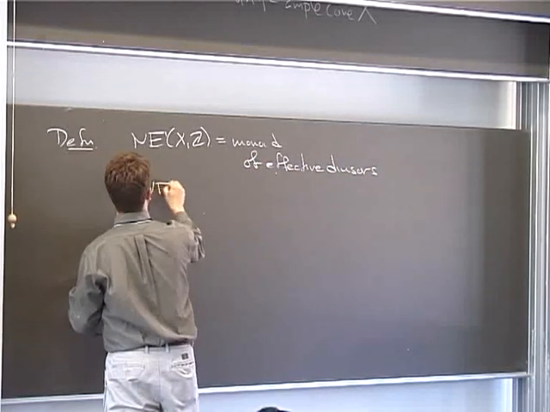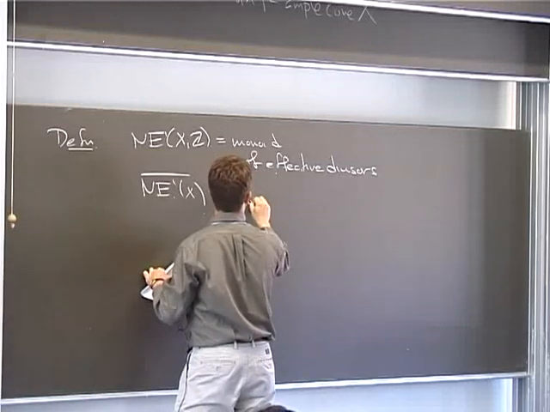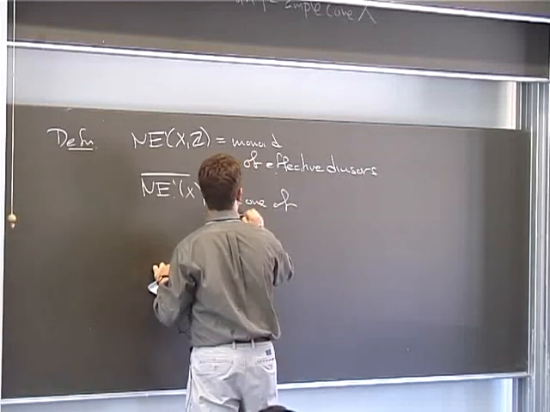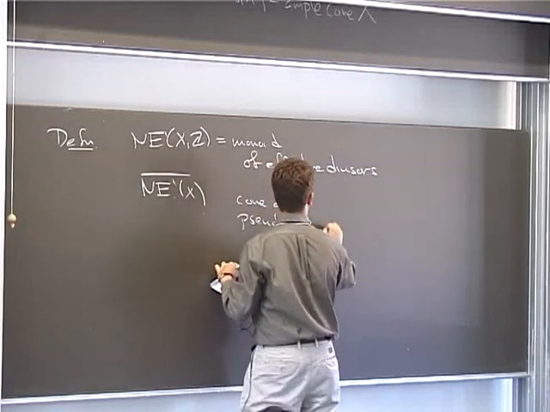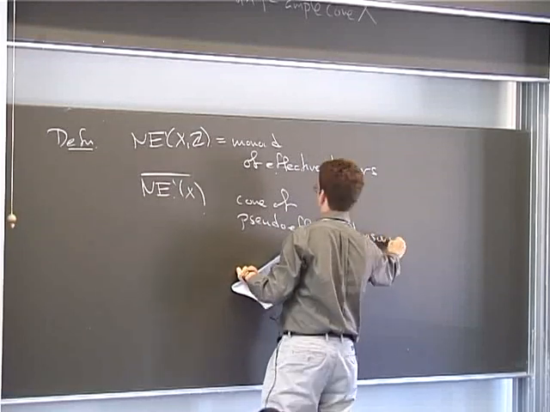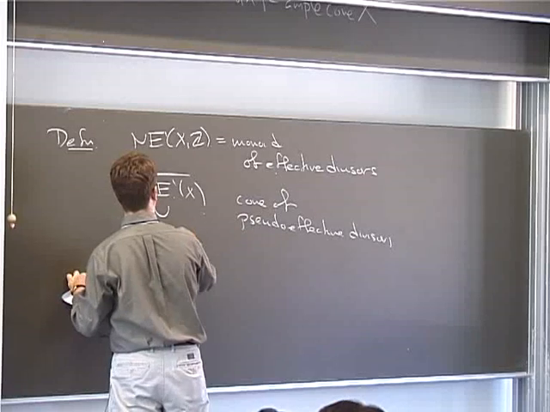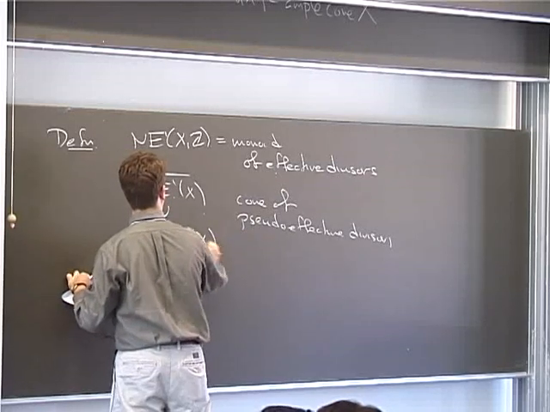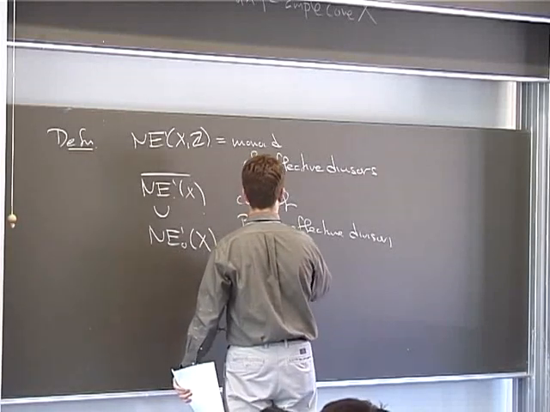And again, we have the corresponding cone of pseudo-effective divisors. And inside of here, the interior is called the cone of big divisors.